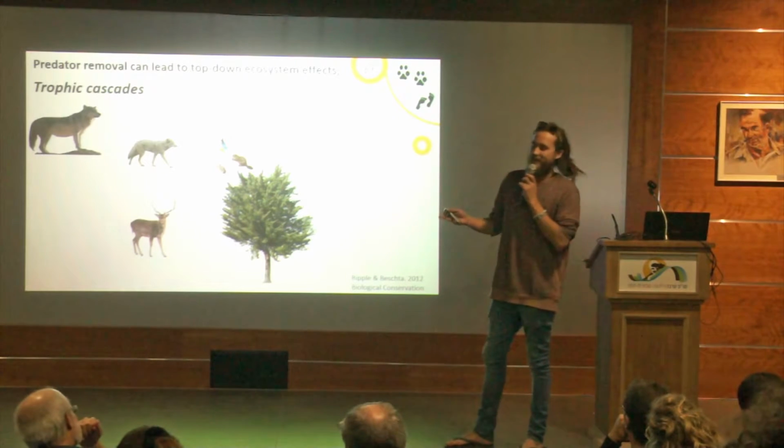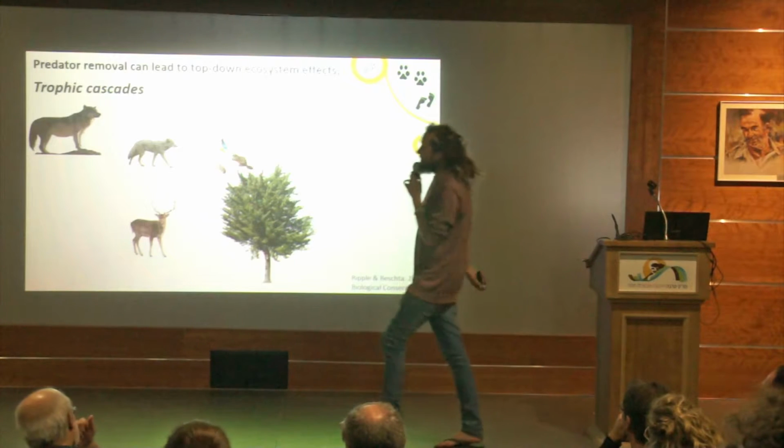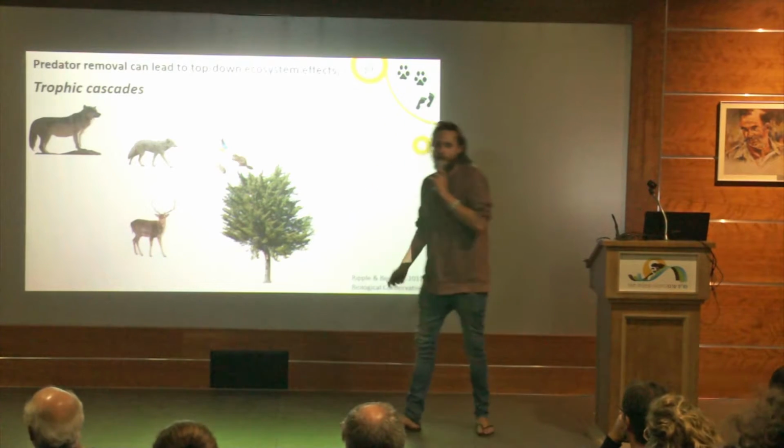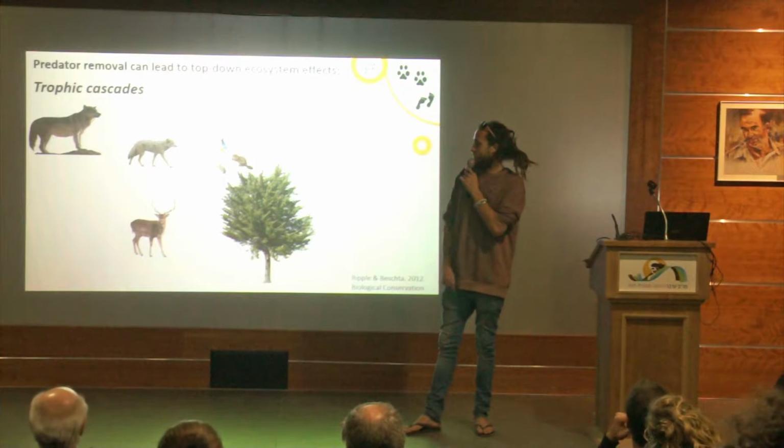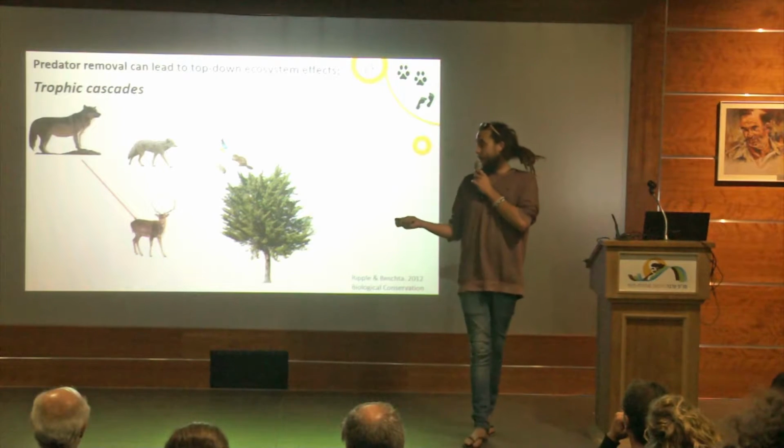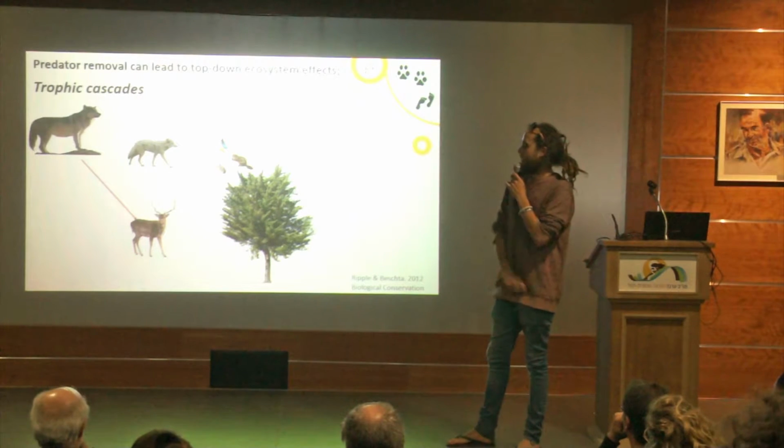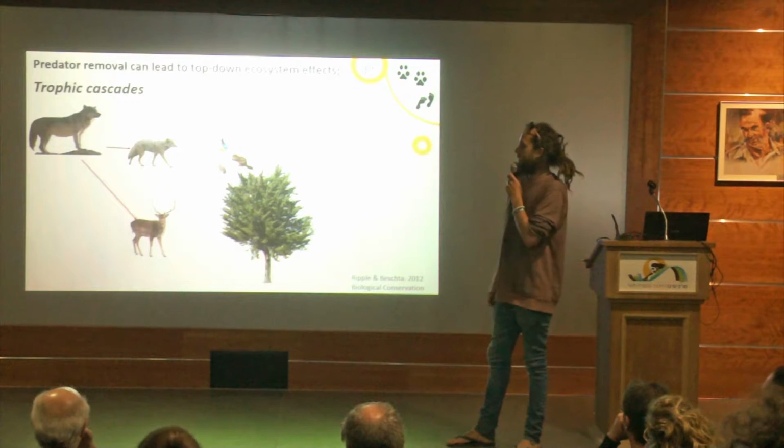Apex predators shape ecosystems, I guess, in two main ways. Firstly through the impact on their prey, and second through interactions with mesopredators or smaller predators.